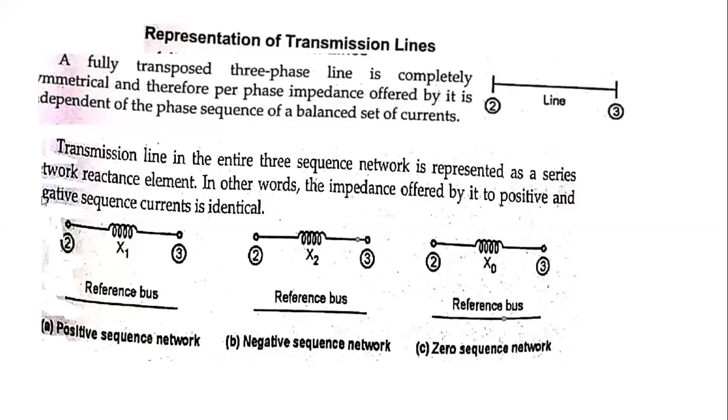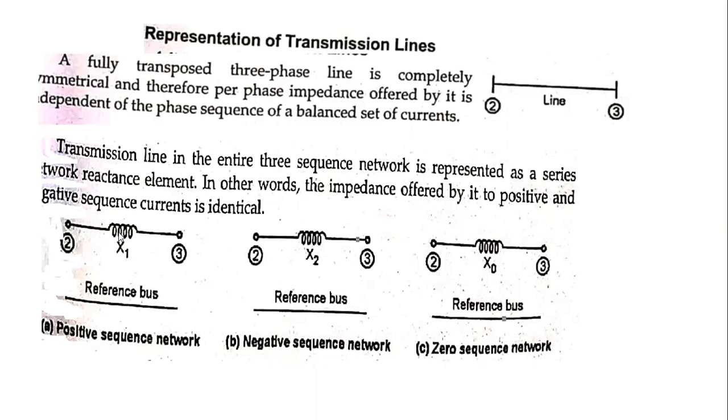Transmission line is represented like this, only by the reactance. Positive sequence means its reactance value is x1, negative sequence means its reactance value is x2, and zero sequence means its reactance value is x naught.